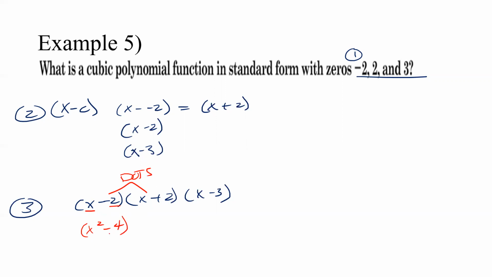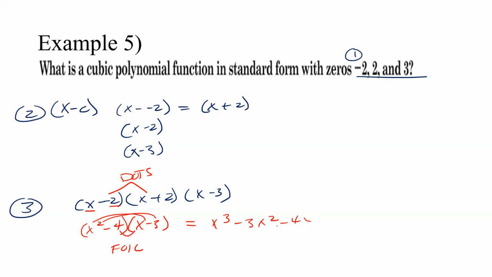Okay? And now I have to multiply that by x minus 3. I'm just going to use our good old-fashioned friend, the distributive property. So x squared times x is x cubed. x squared times -3 is -3x squared.